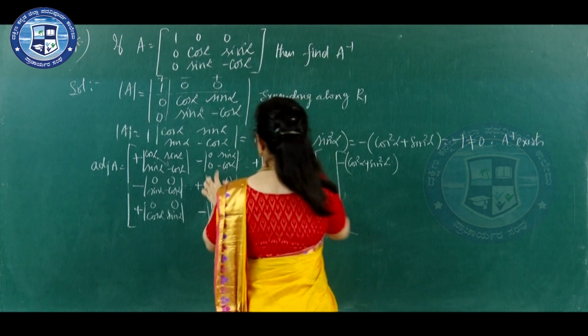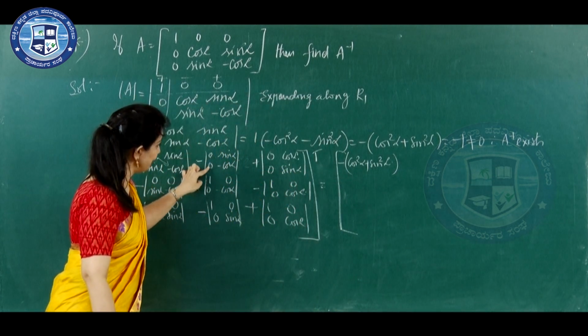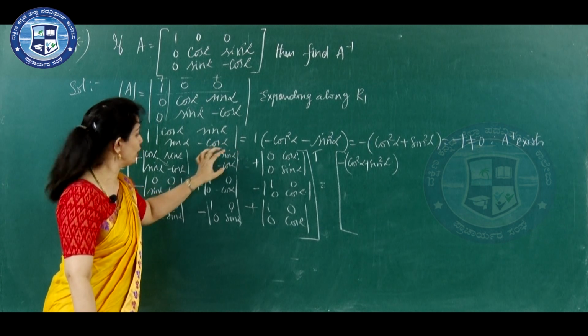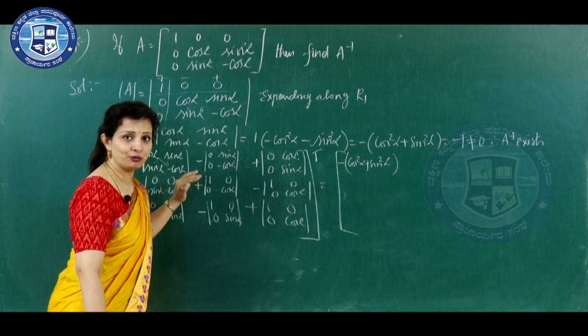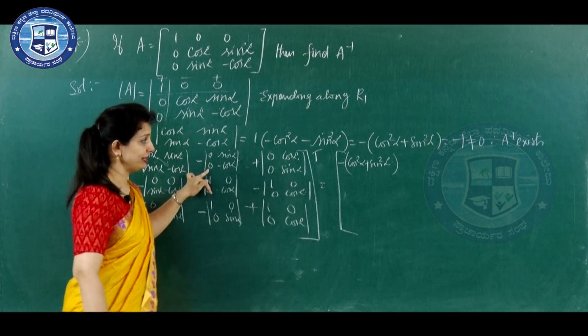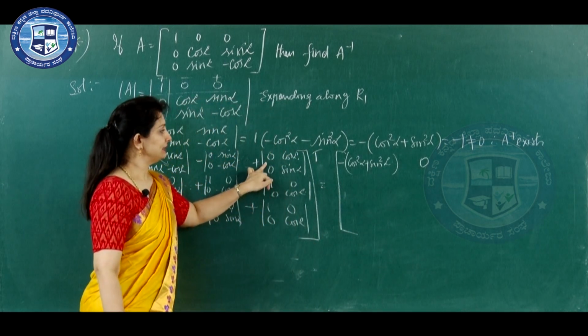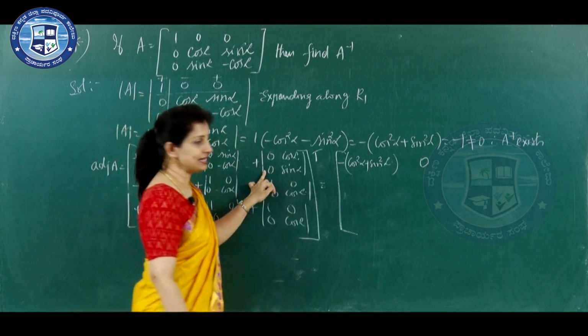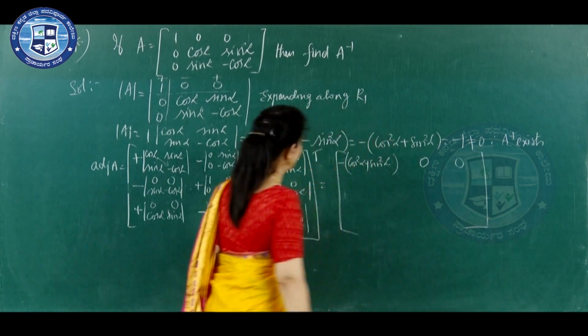So, next one, cross multiply here. Look at this, students, if in a determinant any row or any column has each element 0, no need to check, directly using the property we can write its value is 0. Now, next again the first column elements are 0, so when you cross multiply you will get 0.